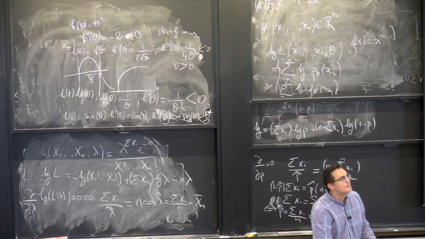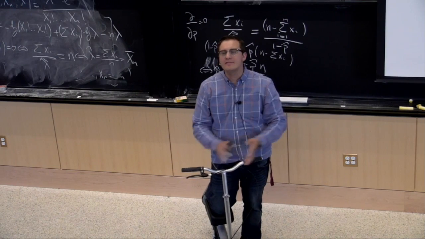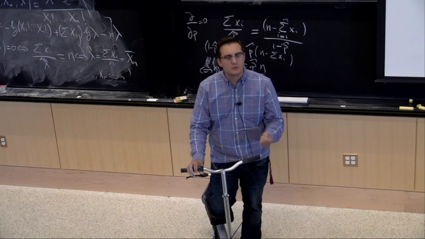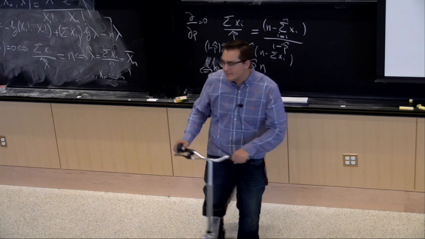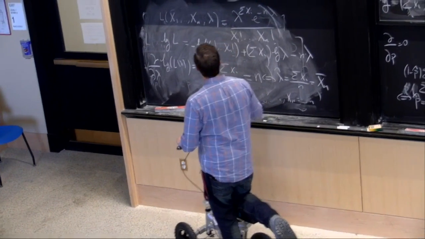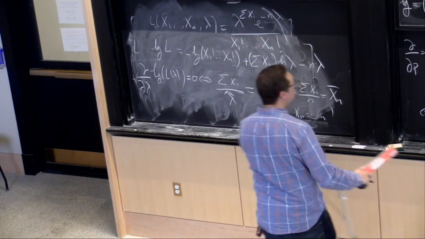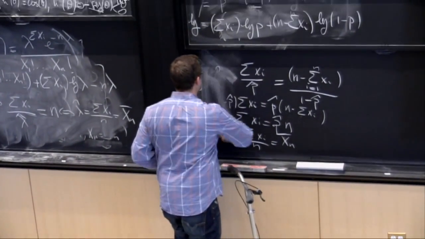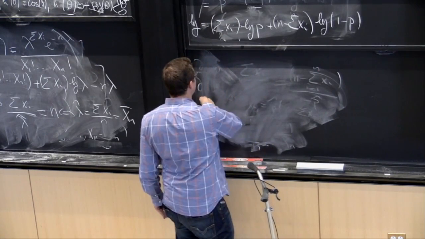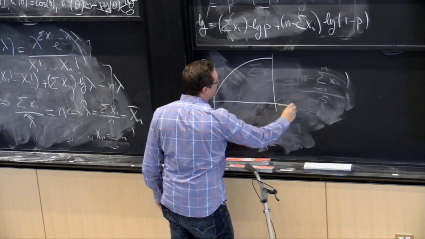When I have a function that's concave on some infinite interval, then taking the derivative and setting it equal to 0 will give me the maximum. But I might have a function that looks like this on some finite interval, as a function of theta.